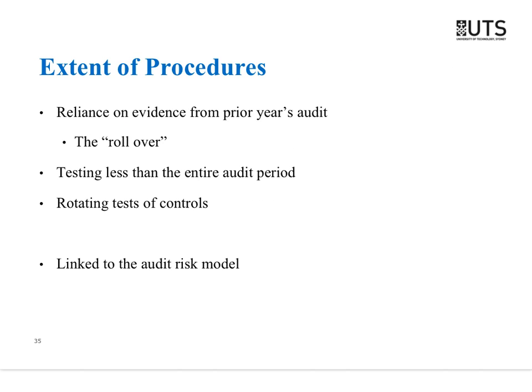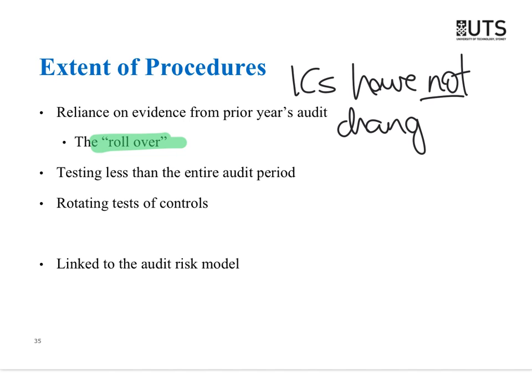Now I am going to talk about something called the rollover, all right? And the rollover is a process by which, if internal controls have not changed since the previous year, then you can get away with not testing them and relying on last year's test.